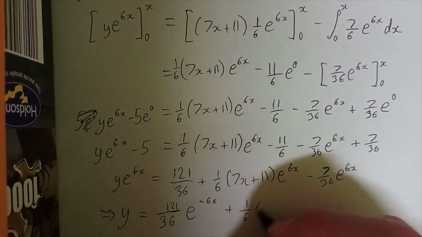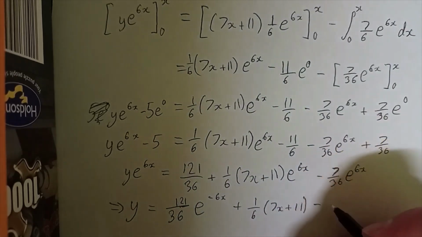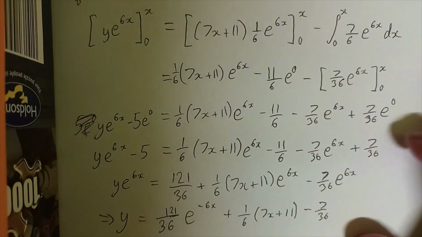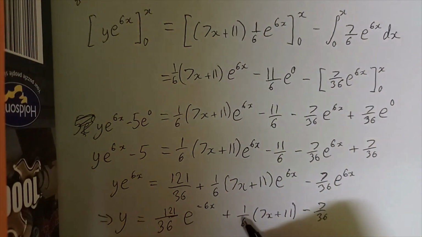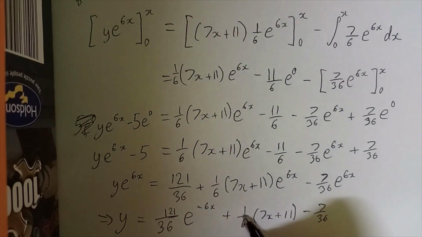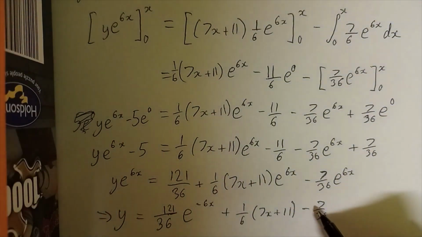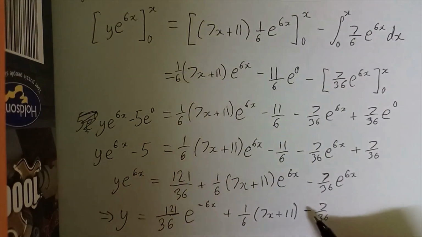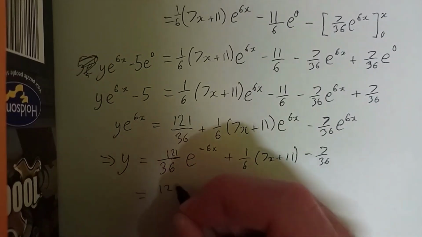So we'll just have 1 over 6, 7x plus 11 minus 7 over 36. And we also have this 11 divided by this 6 and this negative 7 over 36. That gives us another constant term which we can simplify further.